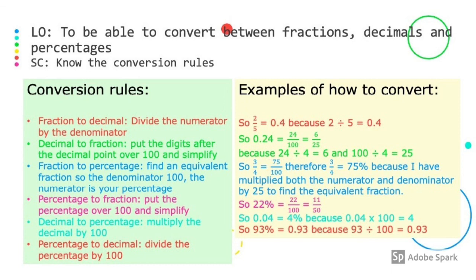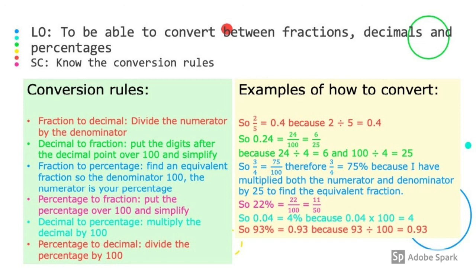When we're trying to find a fraction to a percentage, we need to first find an equivalent fraction, so the denominator is 100, and the numerator is your percentage. So 3/4 is the same as 75 over 100. Therefore, 3/4 is the same as 75% because I have multiplied both the numerator and the denominator by 25 to find the equivalent fraction.